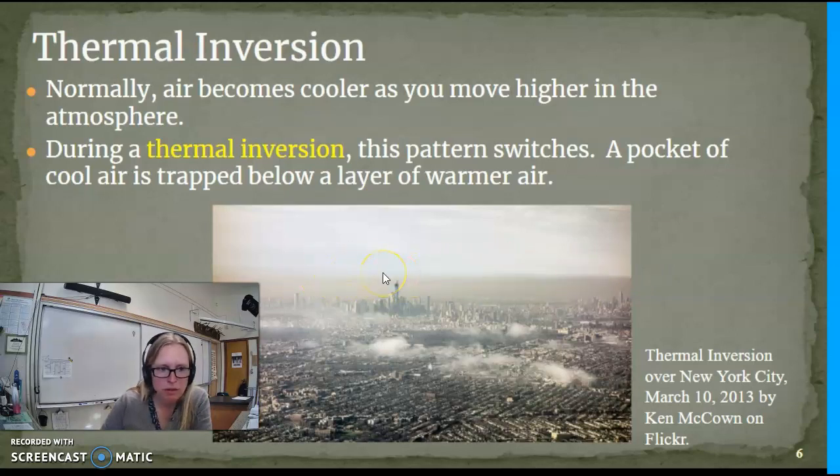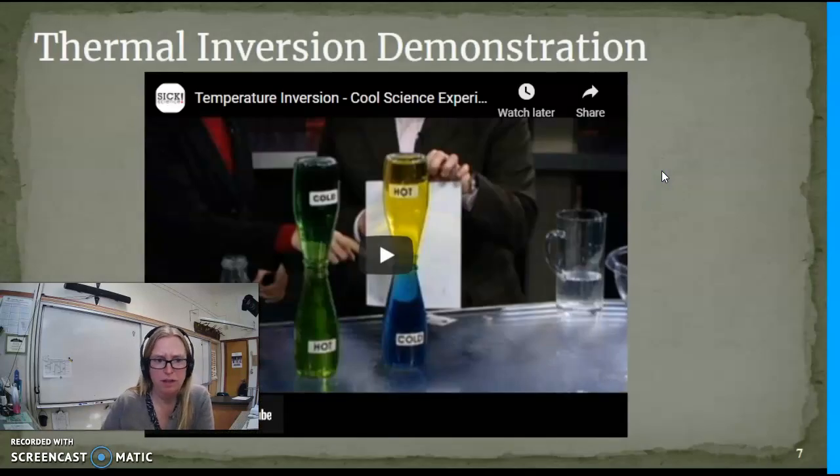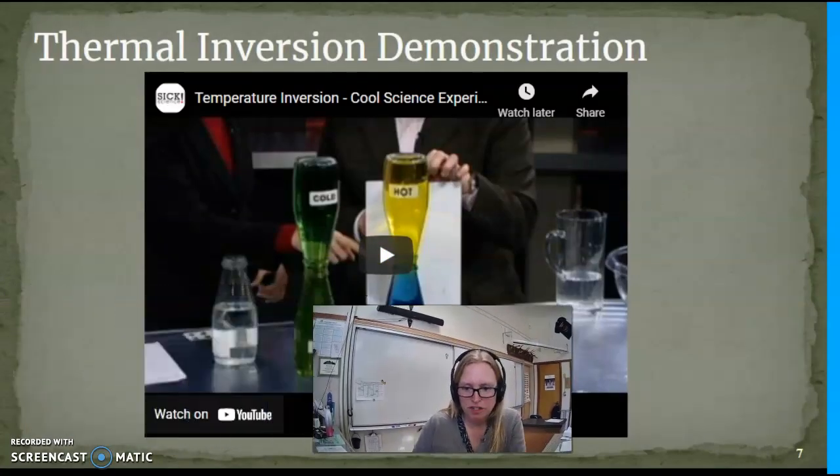In a thermal inversion, a pocket of cooler air is trapped down here along with the pollutants, and the warmer air holds it in from above, and that air doesn't mix. Usually, warm air would rise and things would mix around, but often there's no wind, or there's a valley, and things like that might hold it in.